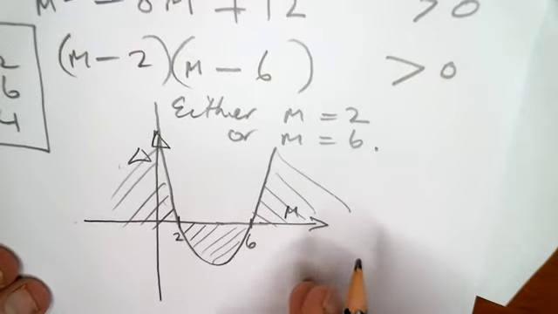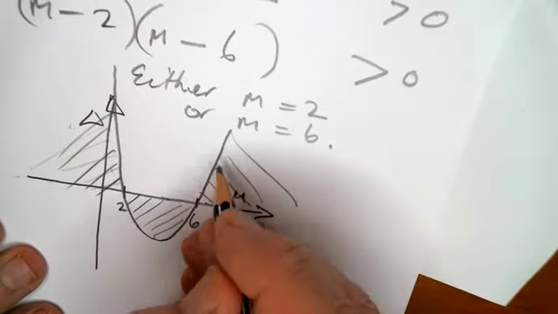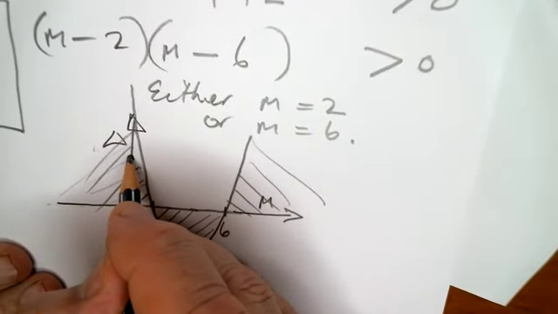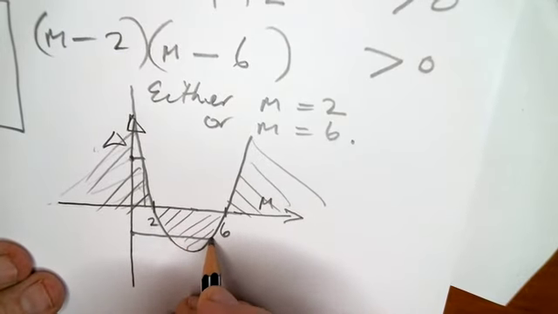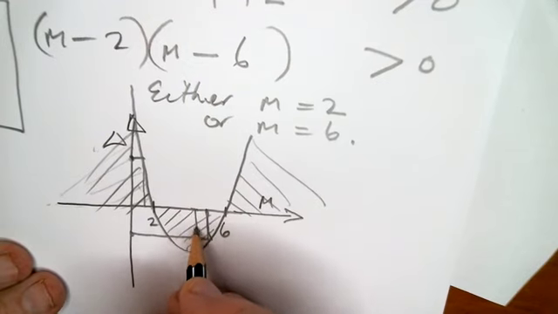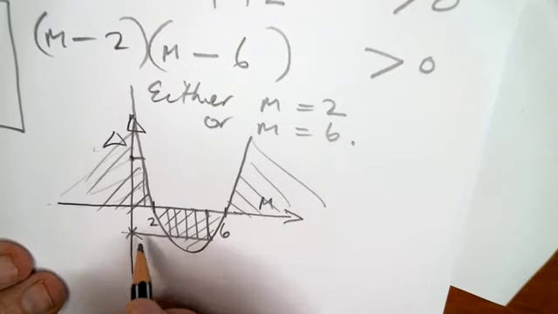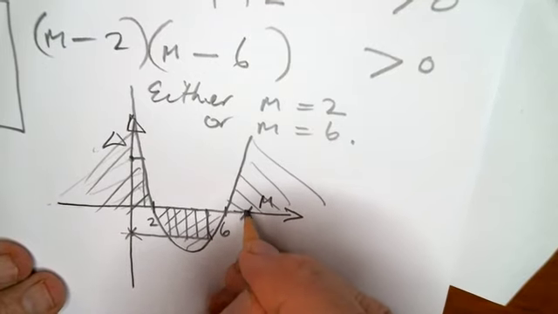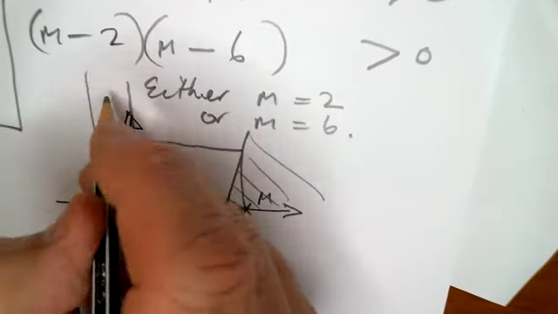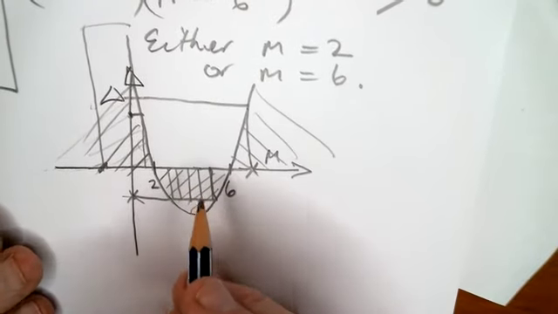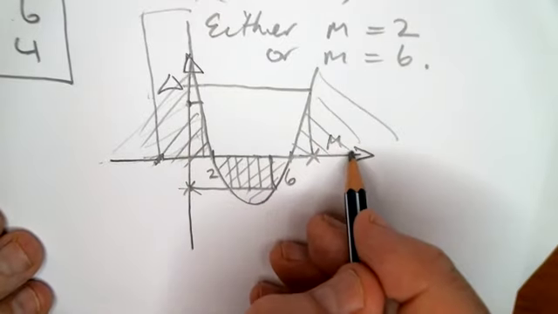That's going to be my solution, because everything on these sides is greater than 0. Let's take one: this value here is greater than 0. What about this value over here? These m values are all less than 0. But this one here is greater than 0, and this one over here, miles up, is greater than 0. So the values greater than 0 fall on this side or this side.